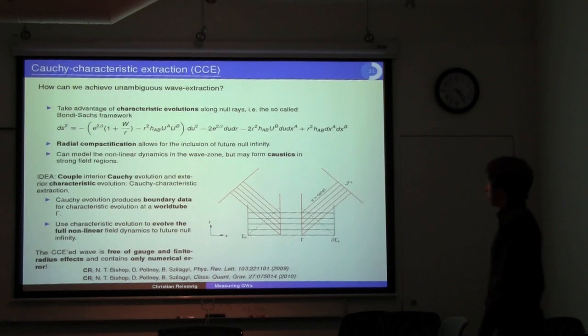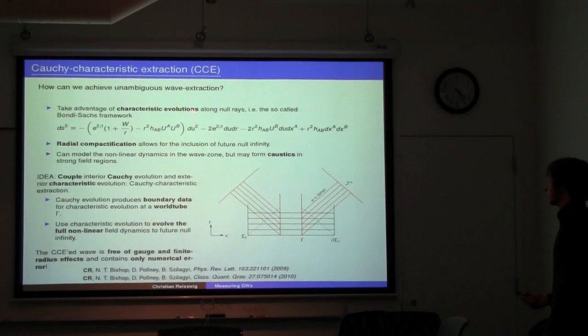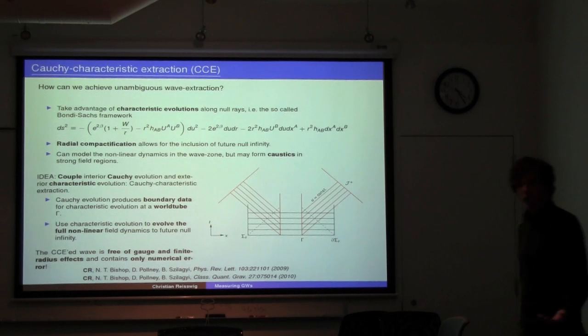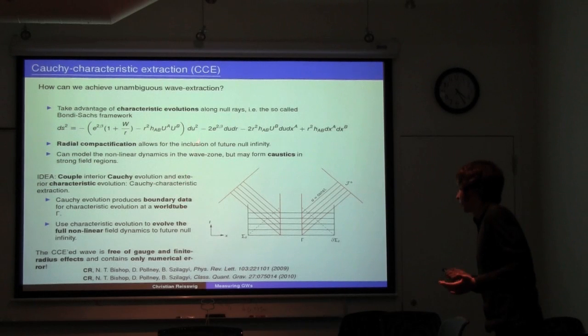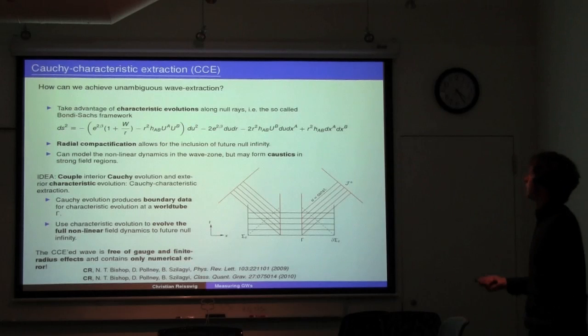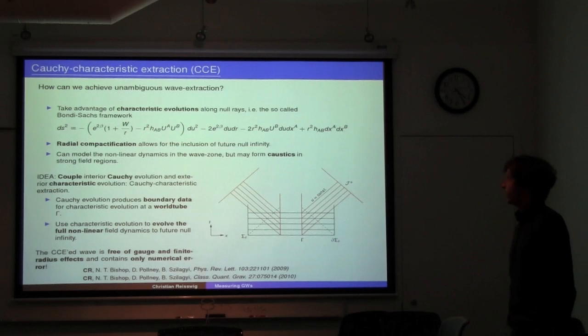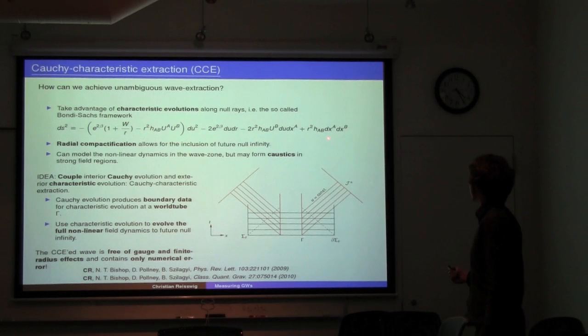And that can be achieved by using characteristic evolutions, which are a certain formulation of the Einstein equations along null rays, or null hypersurfaces. This can be achieved by making use of the Bondi-Sachs framework, which uses a retarded time coordinate u, which basically uses these null hypersurfaces, an areal radius r, and of course angular coordinates x^A.